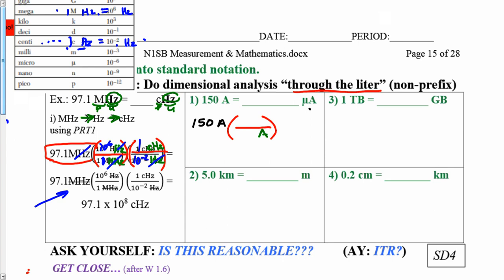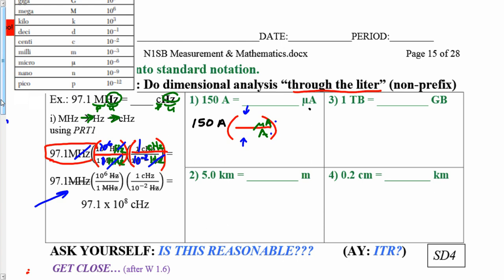What unit do you want to turn into? Microampere. Step 3, fill in the numbers. You don't get a choice here. That's the beauty of doing it in this order. Once your units are set, the number choice is set. You don't get to say, maybe the 1 goes in there. No. You go look at the table and it is what it is.